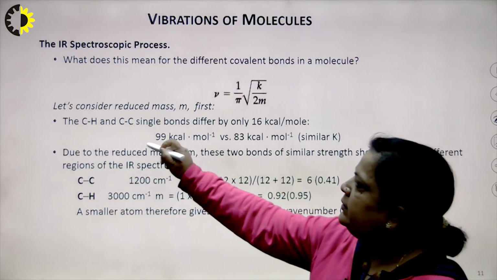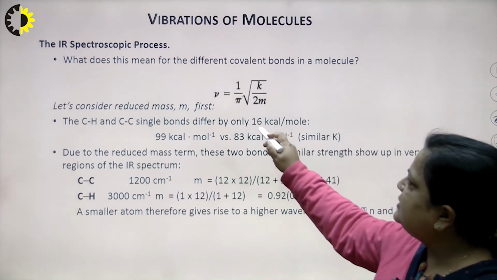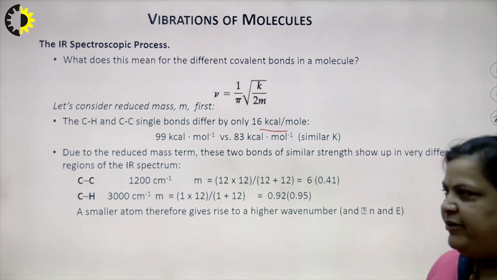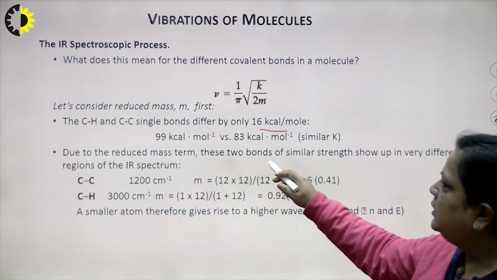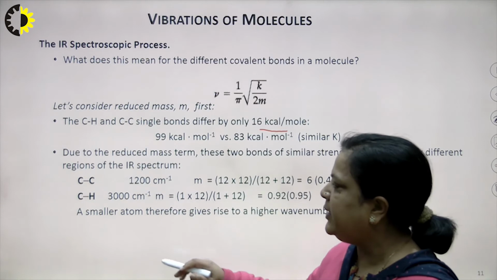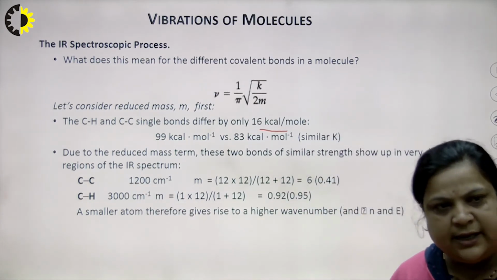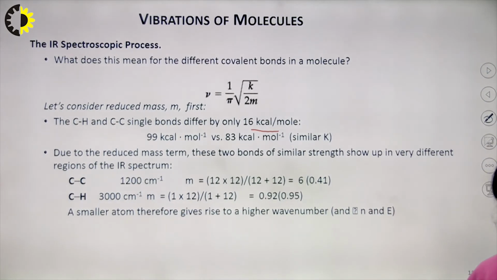Let us consider the reduced mass for C-H and C-C. Their bond strengths differ only by 16 kilocalorie per mole. Due to the reduced mass term, these two bonds of similar strength show up in very different regions of the IR spectrum. C single bond C shows the IR band at 1200 centimeter inverse, and C-H shows the IR band at 3000 centimeter inverse.